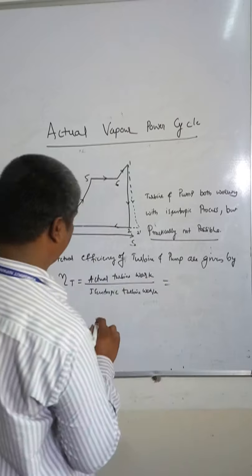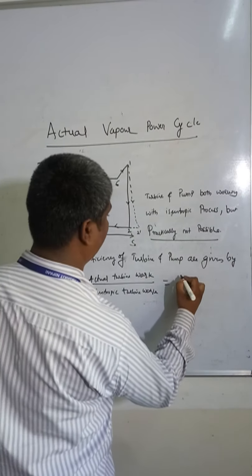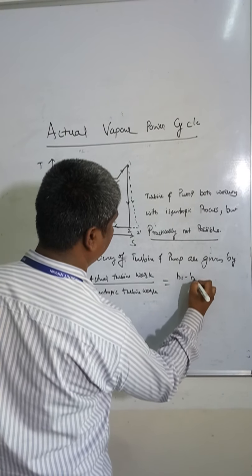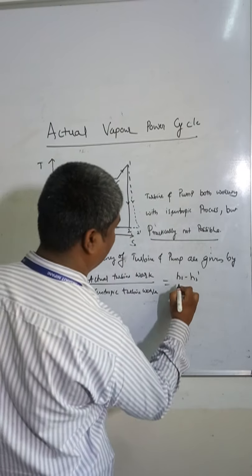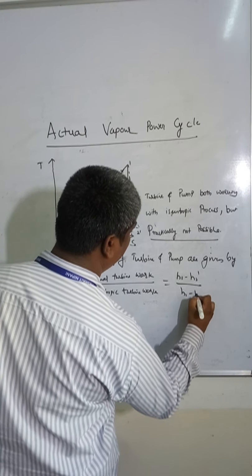That is, actual turbine work is H1 minus H2 dash. This dotted is actual. Ideal is H1 minus H2.